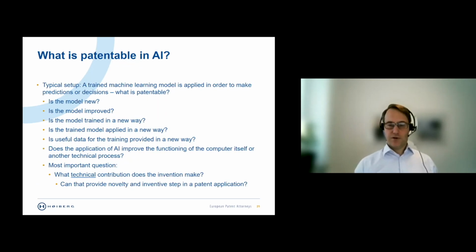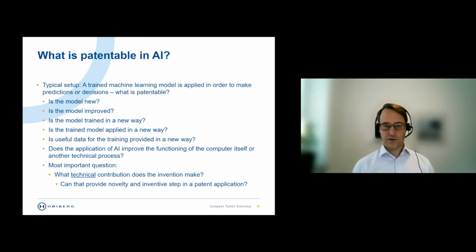Here are some of the aspects that I mentioned. These are questions you can ask yourself. If you develop a new machine learning model, for example, is there anything in the model that is new or improved? The way that you train it is a typical way of adding something new, and the way that you apply it in the end could also be interesting.